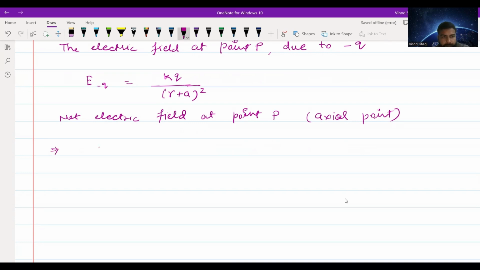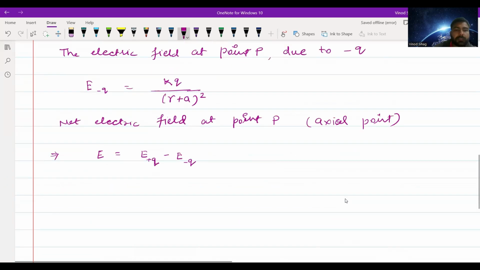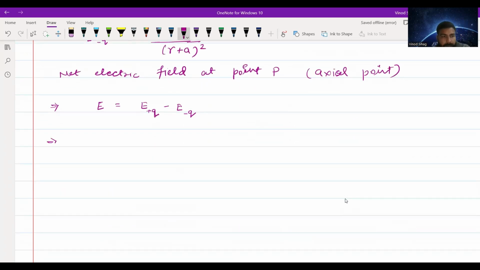The electric field E will be E plus Q, क्योंकि वो उसी डायरेक्शन में है, so it will be taken as positive, and E minus Q. That's how we add the electric fields. क्योंकि आप देख सकते हैं यहाँ पे जो प्लस क्यू चार्ज की वजह से जो इलेक्ट्रिक फील्ड आ रहा है दैट इज अलोंग दिस लाइन, और जो माइनस क्यू की वजह से जो इलेक्ट्रिक फील्ड आ रहा है दैट इज अलोंग द अपोजिट डायरेक्शन, सो दैट इज व्हाई इट इज टेकन एज नेगेटिव. ओके, सो E will be KQ upon (R minus A) whole square minus KQ upon (R plus A) whole square.